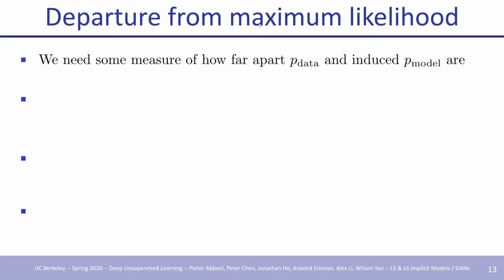So we're not using the likelihood function, so we're not doing maximum likelihood at all. So what are we going to do? What we need is to measure how far apart the actual data and the model are. So we have real data, and then we have the generated data, and we want to make sure they are in the same distribution.